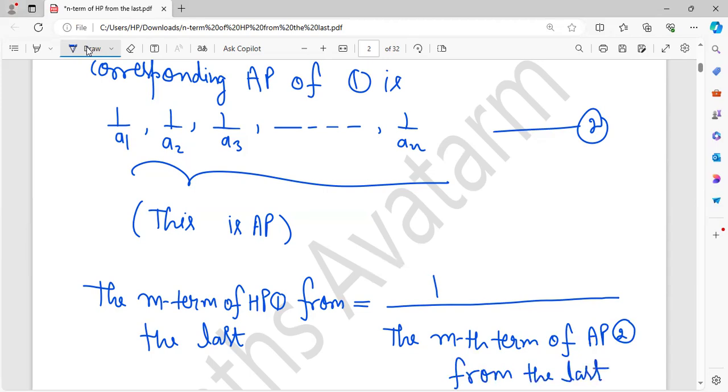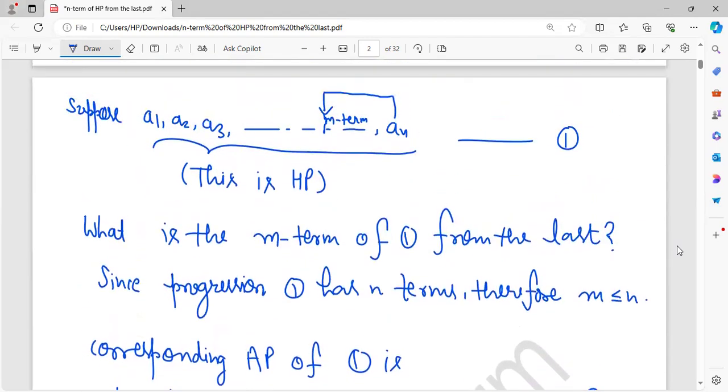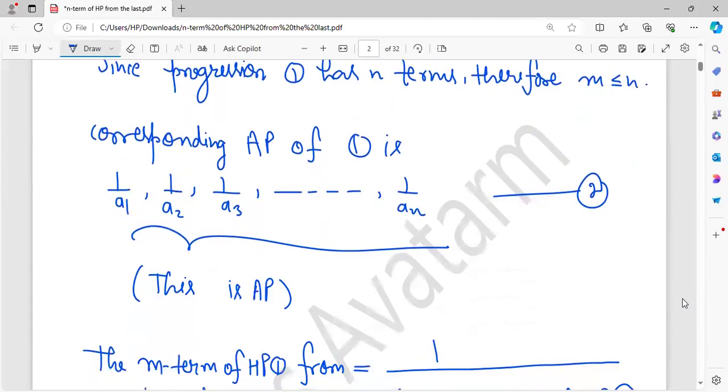Why? Because suppose the mth term from the last is B here. Then what will be the mth term of this AP from the last? It will be 1 upon B. So how do we regain the mth term of HP 1 from AP 2?